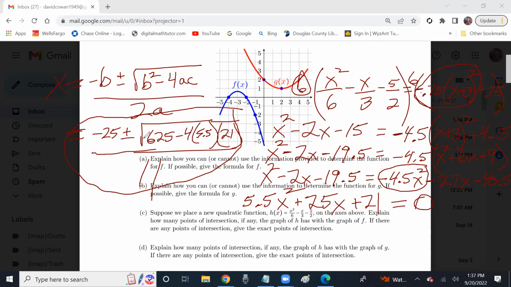Yeah, the only way this would ever come out to be 1 is if your discriminant were 0. In other words, if the part under the radical sign is equal to 0, then this plus minus goes away and you only have one answer, minus 25 over 11.